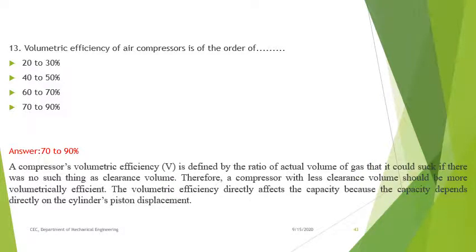The compressor's volumetric efficiency is defined by the ratio of actual volume of gas that it could suck if there was no such thing as clearance volume. Therefore, a compressor with less clearance volume should be more volumetrically efficient. The volumetric efficiency directly affects the capacity because capacity depends directly on the cylinder's piston displacement.